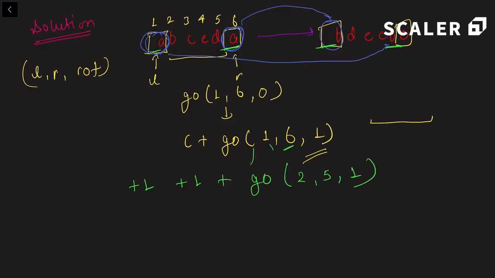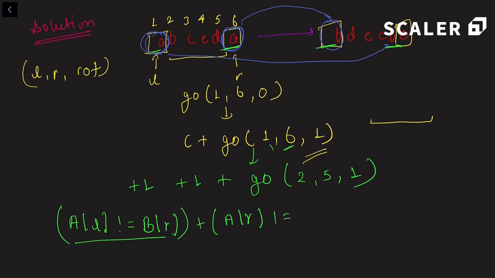Okay, so that is the only transition that I can make, and if I try to write it properly, it will look like this: if AL is not equal to BR, this condition will be 1, and that will add 1 to the answer. Similarly, if AR is not equal to BL, that is the last character of string A is not equal to the first character of string B, then again add 1 to the answer, plus go 2 comma 5 comma 1, right? So that's how we can solve this problem.